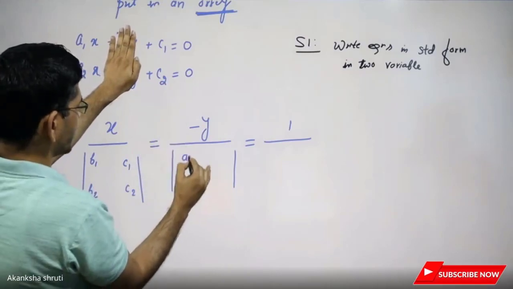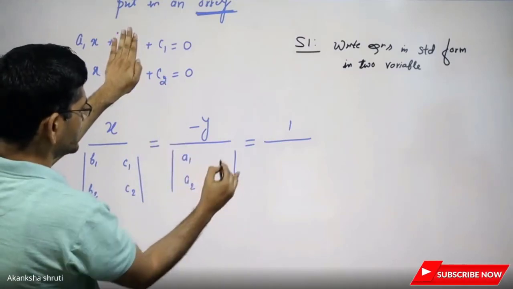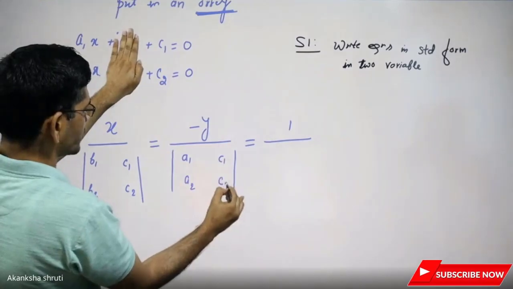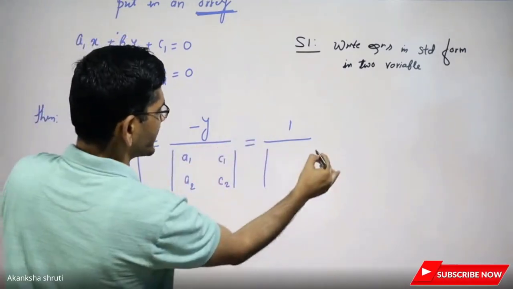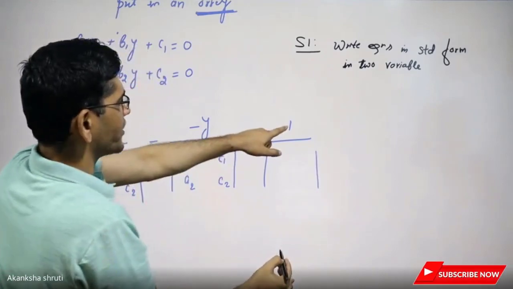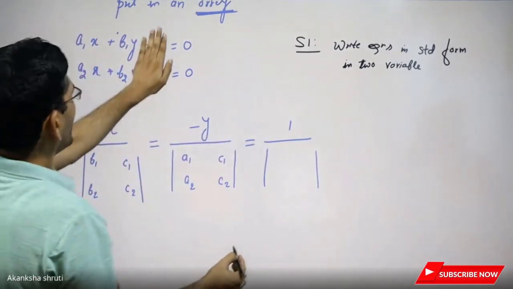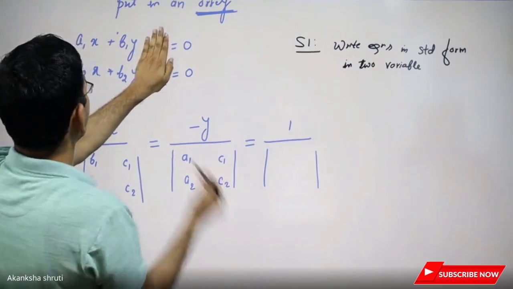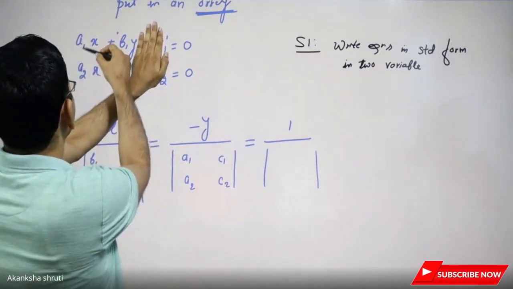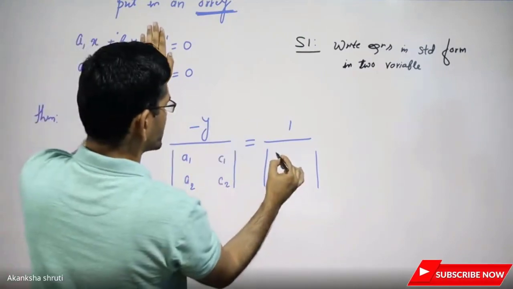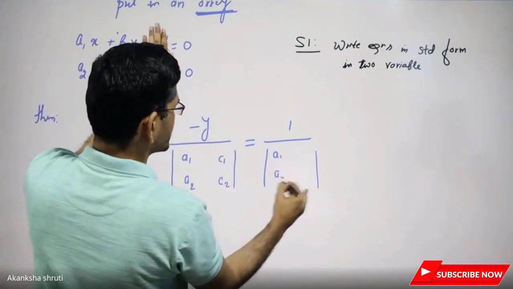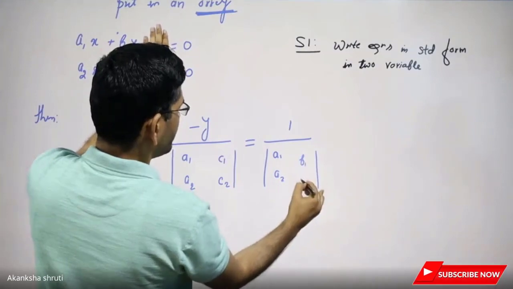Now for the constant term, which is taken as 1, do not forget this is 1. Hide this constant term and write down the coefficients a1, a2, b1, b2.